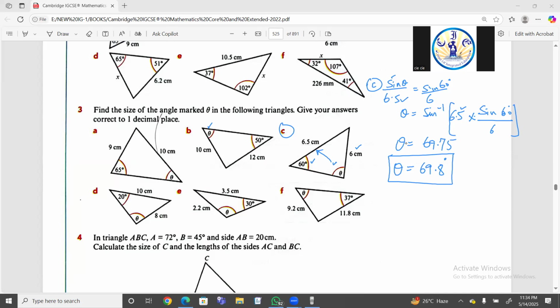Then the remaining parts are to be done exactly in the same pattern. If I do, for example, part F, this can be written as sine of theta divided by the opposite side, that is 11.8, equals sine of this angle divided by this.